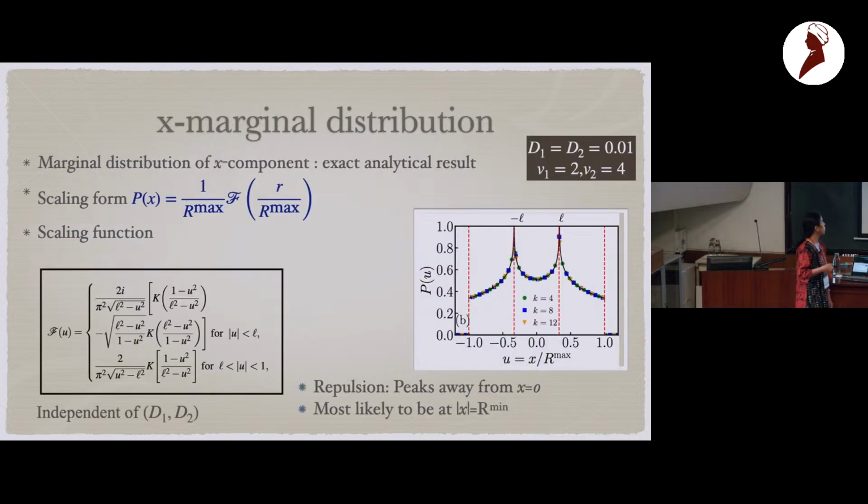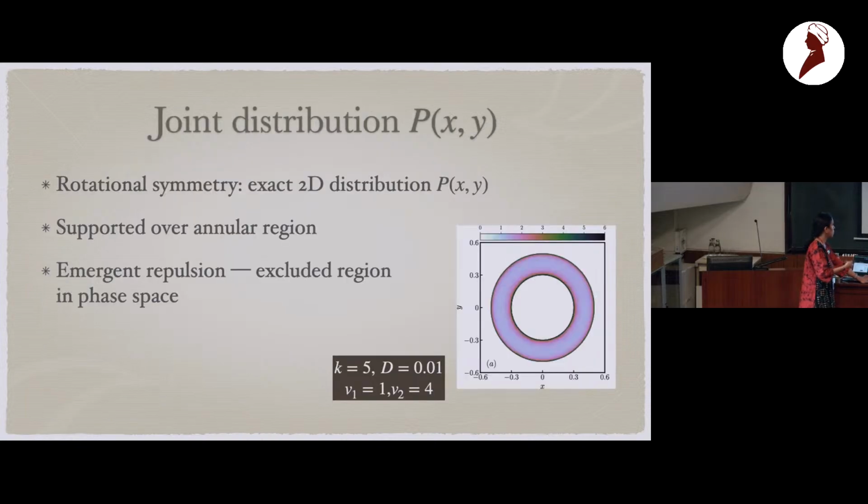We can also compute the marginal distribution. That has a more complicated form, but qualitatively this distribution has two peaks, which is the signature of the repulsion. If we look at the projection onto the x-axis, they are most probable to stay away from each other. Because this is rotationally symmetric, we can also compute the joint distribution. Again, there is a hole in the middle.